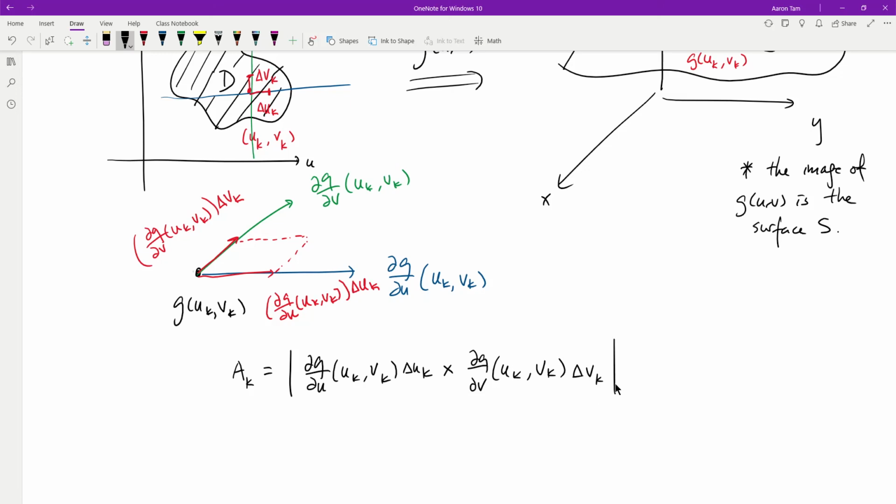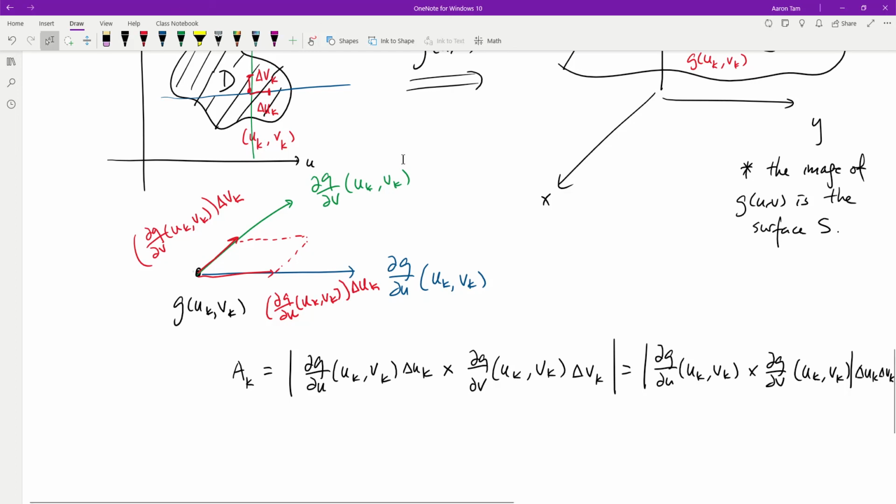Since delta u sub k and delta v sub k are constants, I will now pull both of them out of the cross product, and now I have this. And that gives me the area of one of these parallelograms.